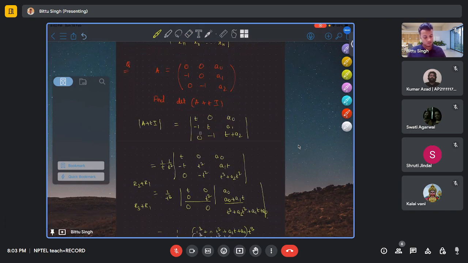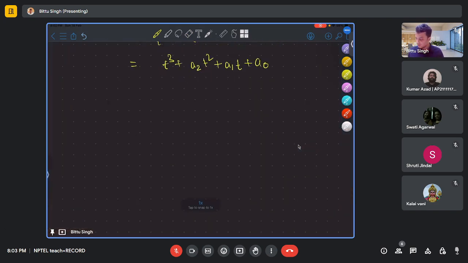In general, you can prove using the same step. You can show the determinant of this kind of matrices. So if you consider this matrix, 0 minus 1 0 and everything is 0, then 0 0 minus 1 and everything is 0, and it will continue up to 0 0 0 minus 1.